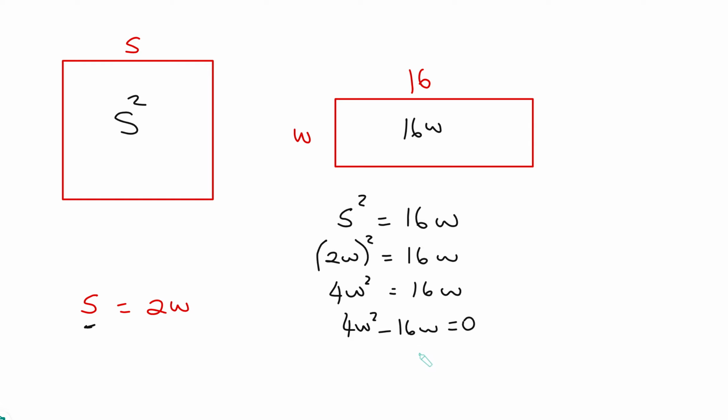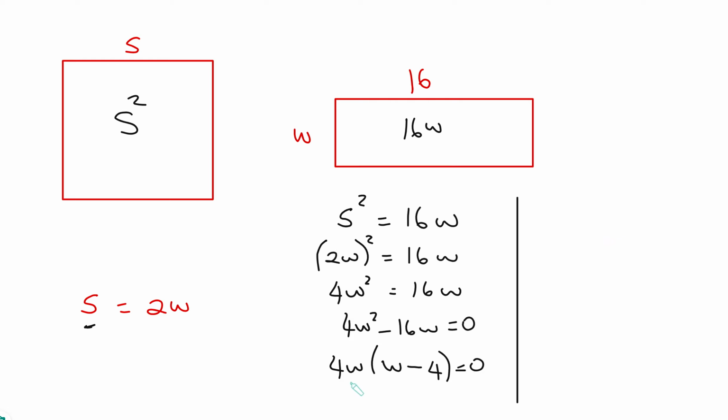If we factor this equation, we're left with 4W, open bracket, W minus 4, close bracket, is equal to 0.